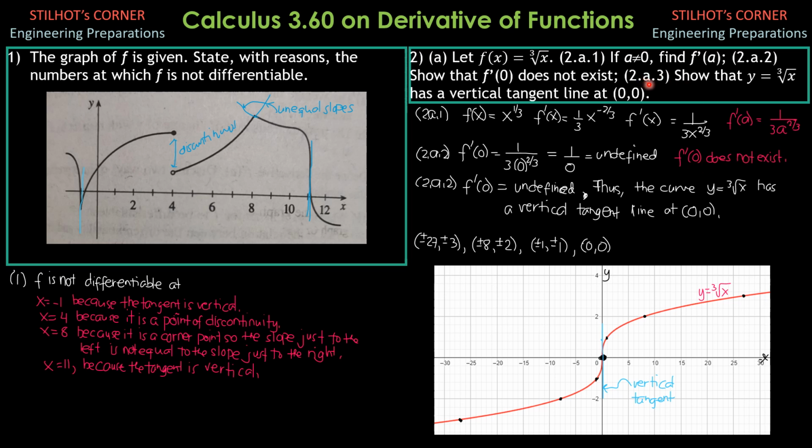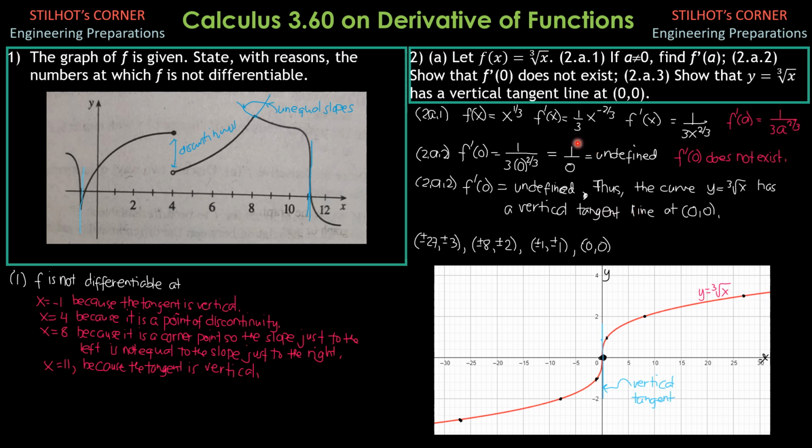Then 2.a.3, show that y equals cube root of x has a vertical tangent at (0, 0). That's the reason why in 2.a.2 the slope does not exist, because this 1 over 0 is infinity, meaning the tangent is vertical. So it is undefined, thus the curve y equals cube root of x has a vertical tangent line at (0, 0).